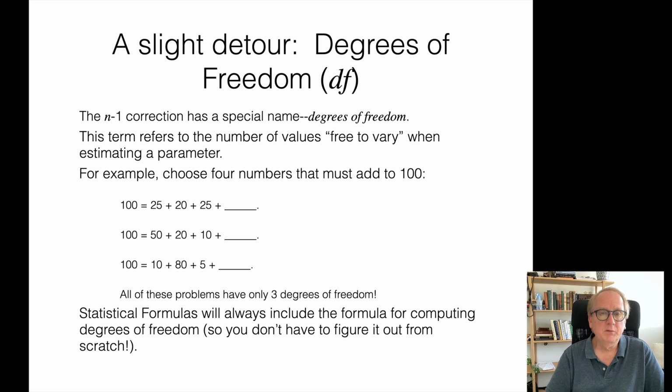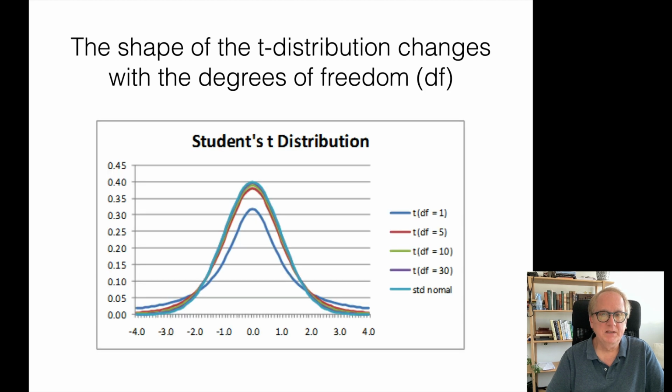But the statistical formulas usually include a formula for computing the degrees of freedom. So you don't have to go and try to figure it out from scratch. You don't have to go through all the logic of a t-test to figure out how many values are free to vary. Instead, there'll be a formula that comes along with it that tells you what the degrees of freedom are. Okay, so going back to what we were talking about with the t-distribution.